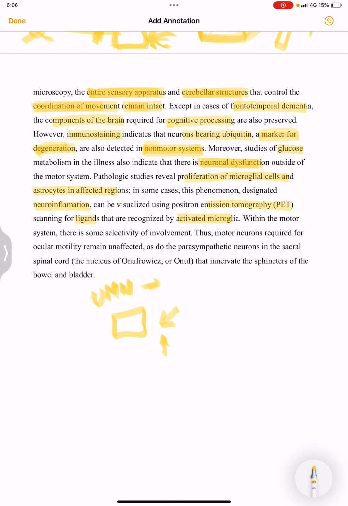Within the motor system, there is again some selectivity of involvement. What are the motor neurons which are unaffected?